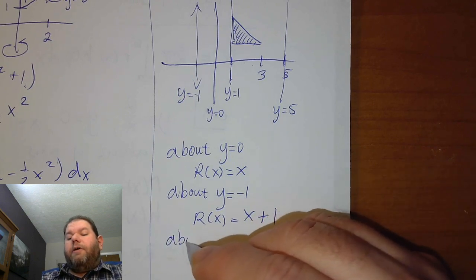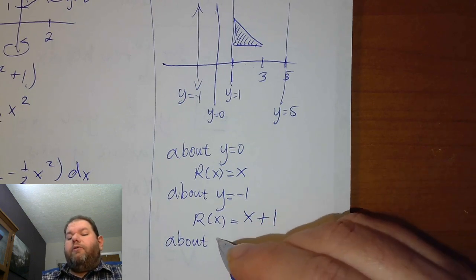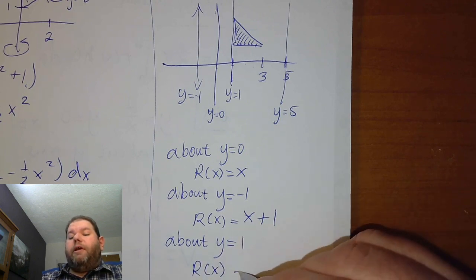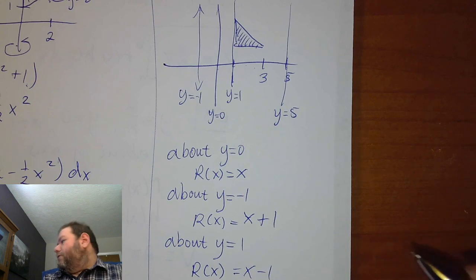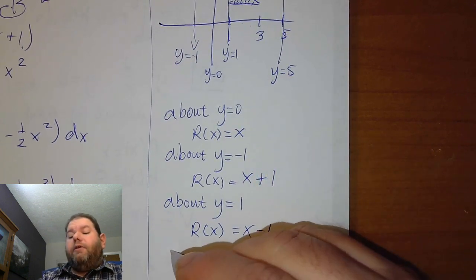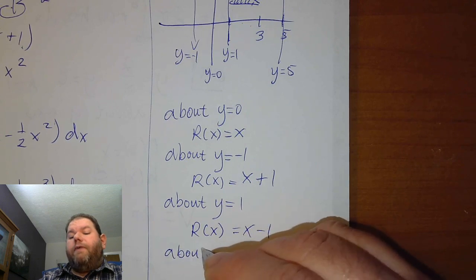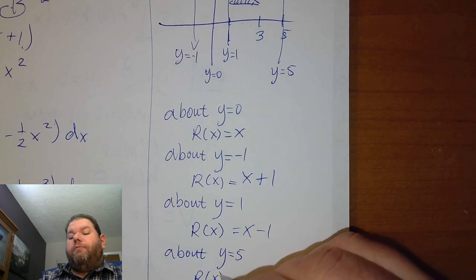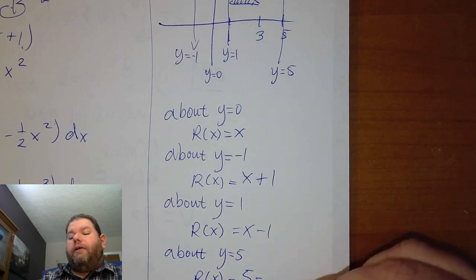If we revolve about y equals +1, r of x would be x minus 1. And lastly, if we revolved about y equals 5, r of x would be 5 minus x.